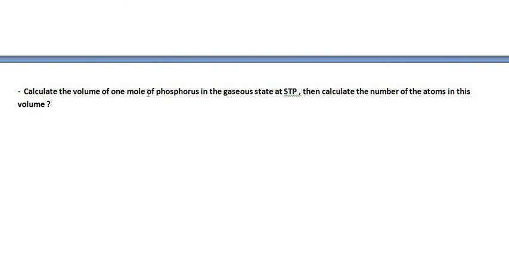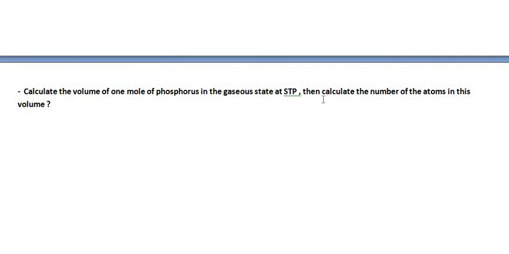So 1 mole of phosphorus vapor at STP occupies the molar volume of all gases, which is 22.4 liters. And the number of molecules of P4 in this volume is Avogadro's number, 6.02 by 10 to the power 23 molecules.